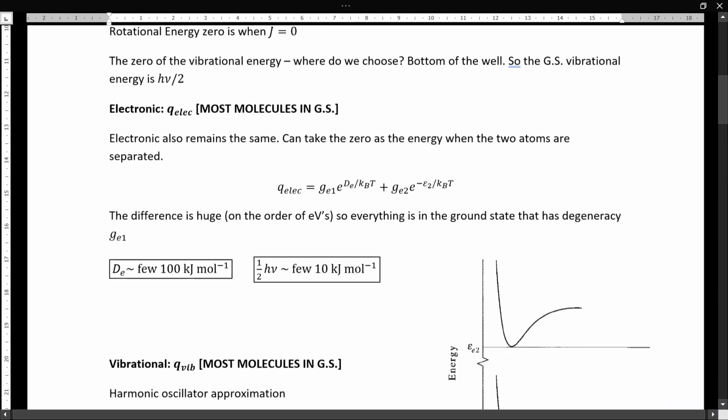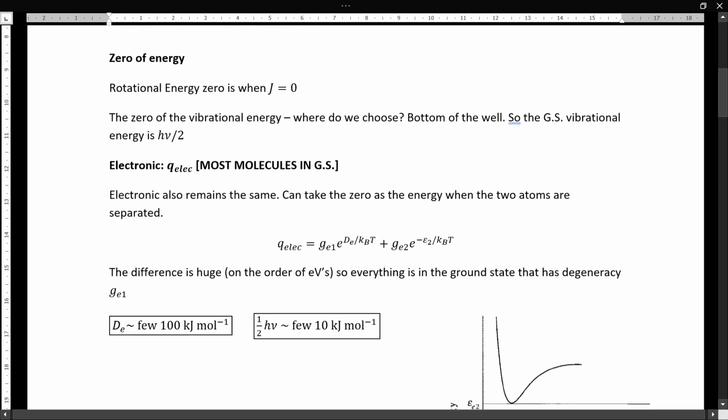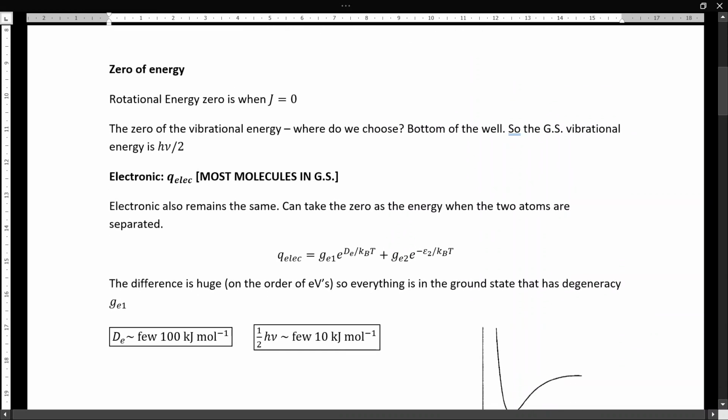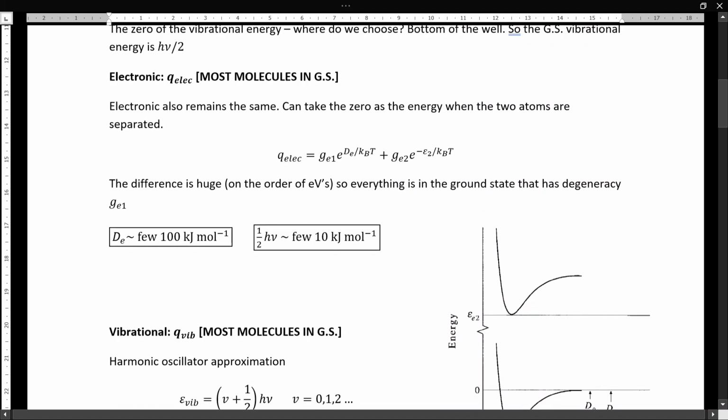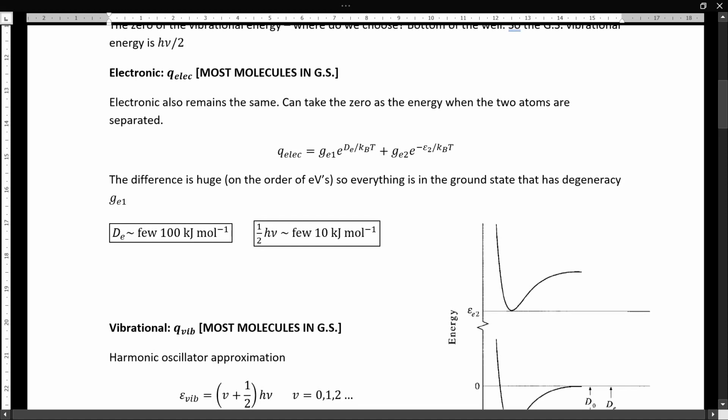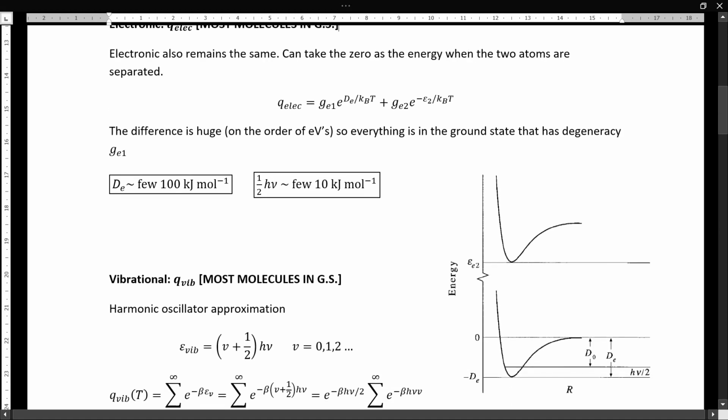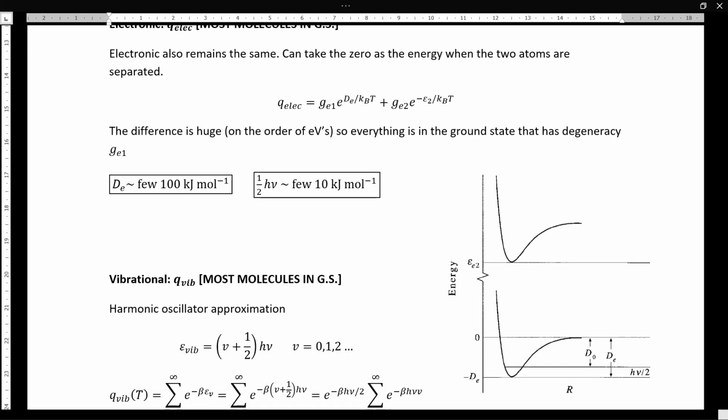And what about the electronic ones? What I've written over here is most molecules in the ground state. What about the electronic energy? In case of monoatomic ones, what we chose was the lowest energy to be the ground state energy, that was chosen as 0.